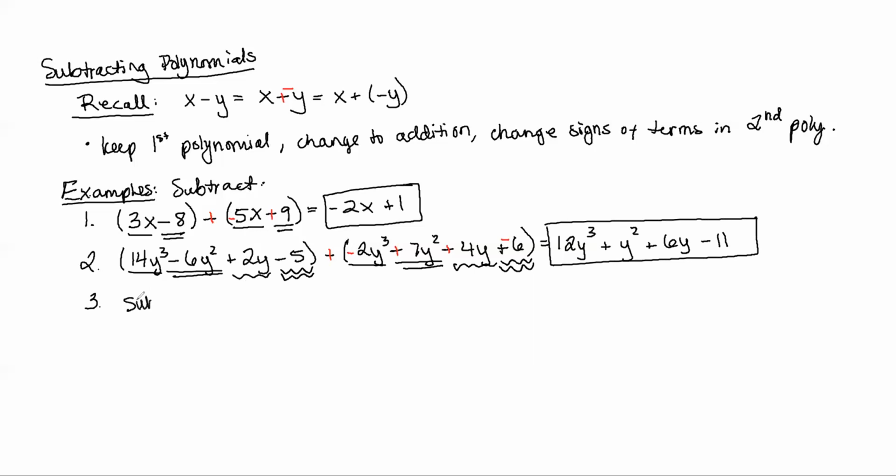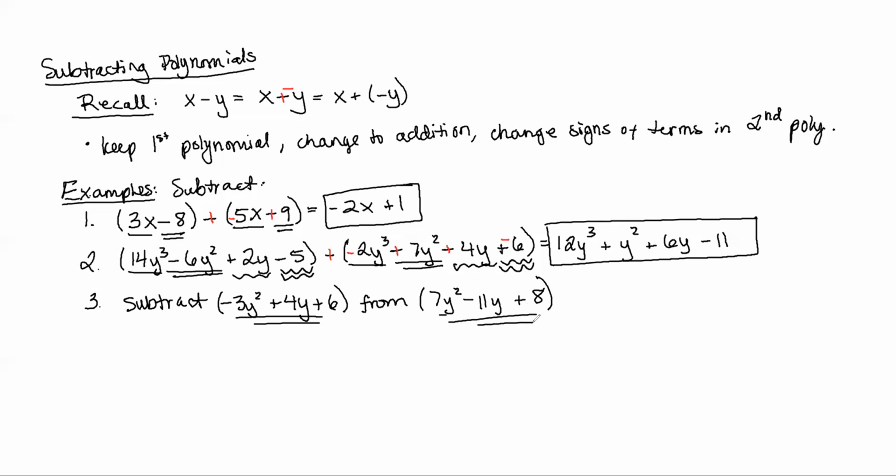So we're told to subtract negative 3y squared plus 4y plus 6 from 7y squared minus 11y plus 8.